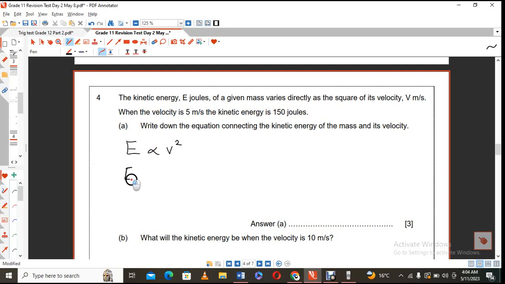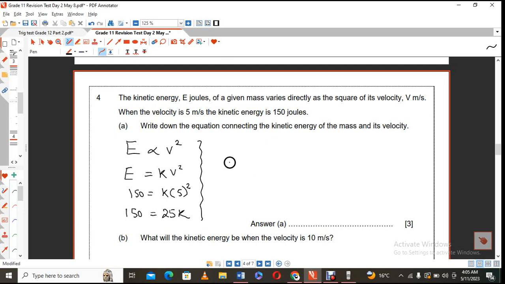So the relationship here is E equals some constant times v squared. Now we are told that when v is equal to 5, then E is equal to 150. That means 150 is equal to 25 times K.